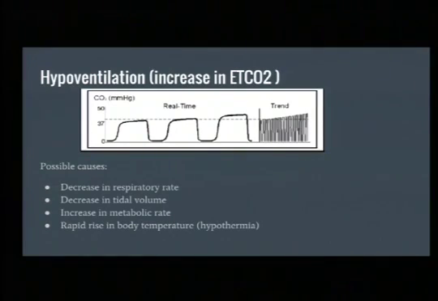Or a rapid rise in body temperature. They were hypothermic and you started warming them from a drowning, and all of a sudden they go from down here, getting up because they're producing, and those vessels are being perfused, and they're producing their end tidal. So it's a rapid change in their metabolic rate, essentially, is what a change in body temperature is.